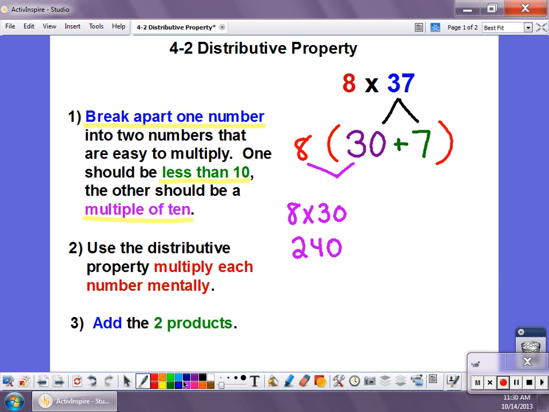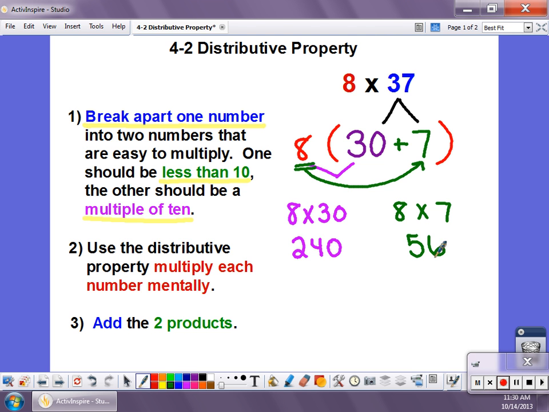Now, this 8 is outside our parentheses, so it's being multiplied by everything inside our parentheses, which means it's also going to multiply times the 7. So in addition to 8 times 30, I also have 8 times 7. And 8 times 7 is 56.